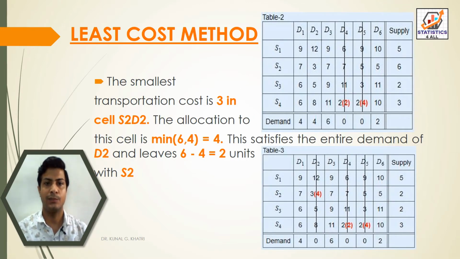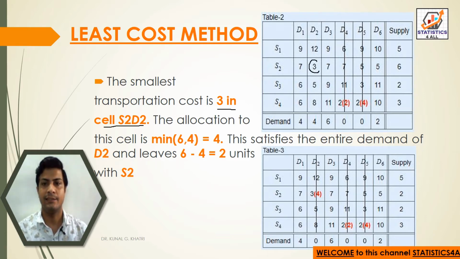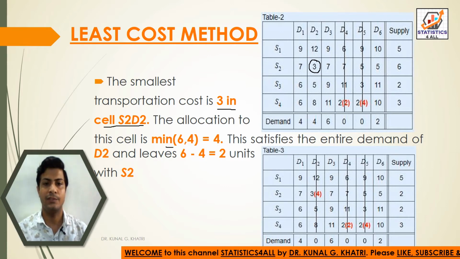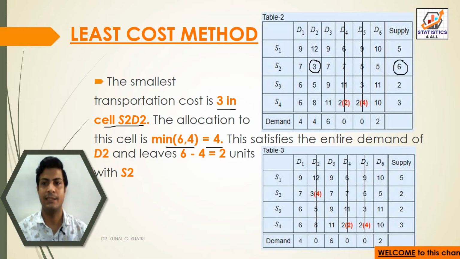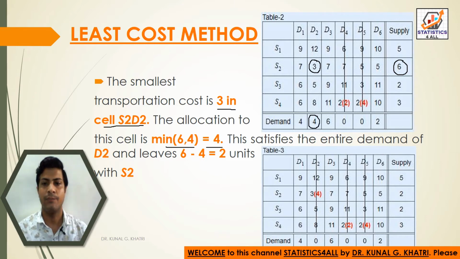Now the smallest transportation cost is 3 in cell S2D2. S2D2, here we can see, second row second column. Now the allocation to this cell is minimum of 6 and 4, where 4 is minimum. Here we can see that the supply is 6 in this row and the demand in this column is 4.